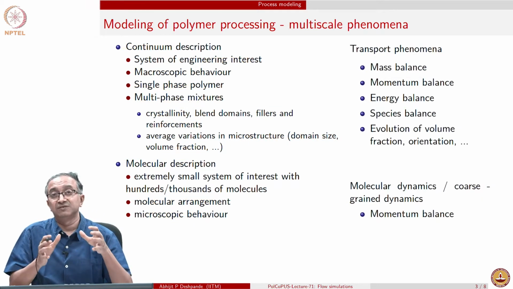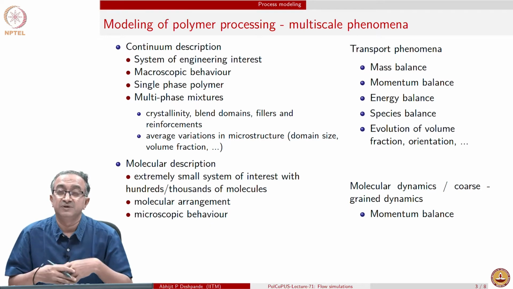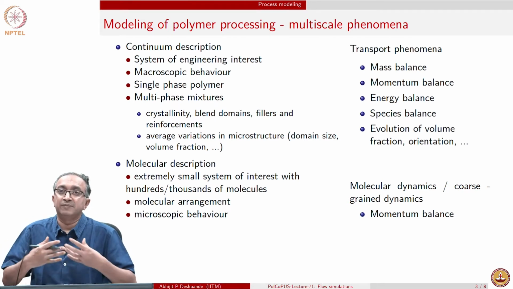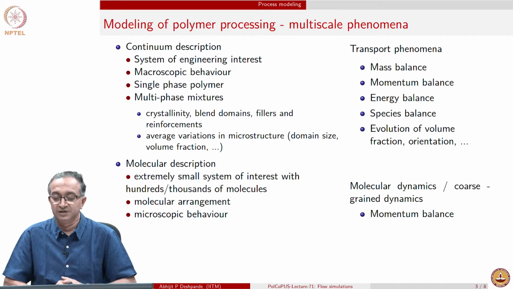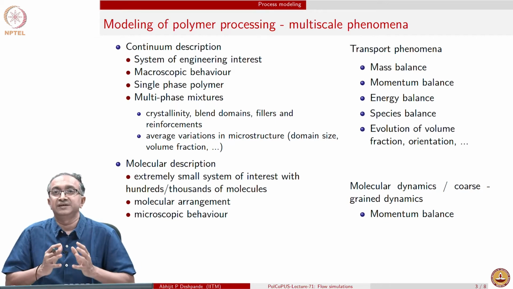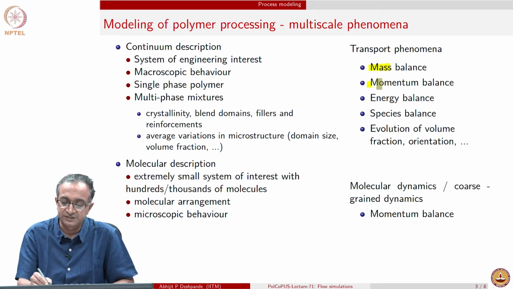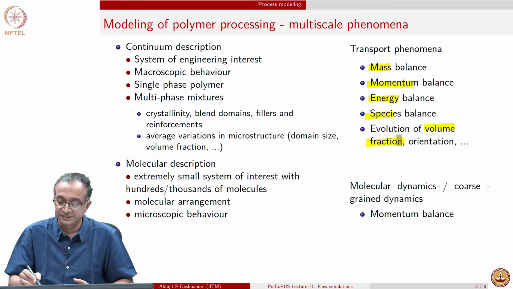So, generally what is involved during a polymer processing operation is transport phenomena, which is taking the polymers away from equilibrium, making them flow, heating them, applying pressure on them, forcing them to flow through some narrow openings. All of this basically induces transport phenomena, which is related to change of mass, change of linear momentum, energy balance, species balance, or, if there are multi-component systems, evolution of volume fraction.